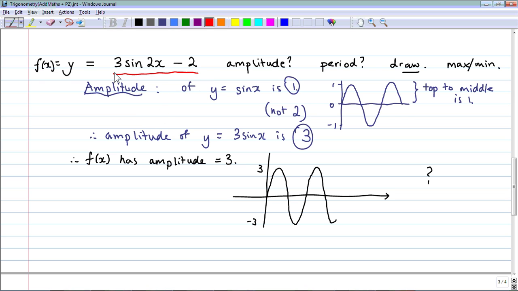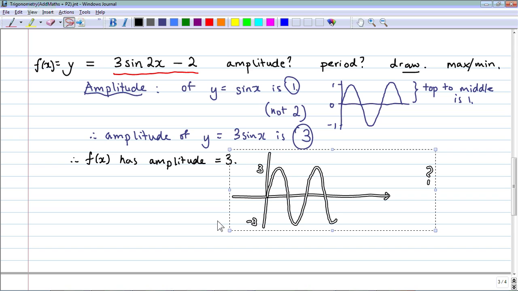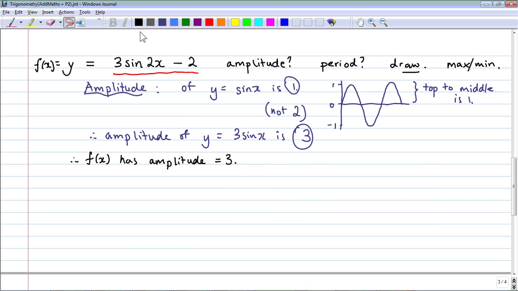Is that right? So look again at f of x here. Well, no, obviously that's wrong because it has a -2. So each point on this curve we should subtract 2. So let me draw that graph again, more carefully.